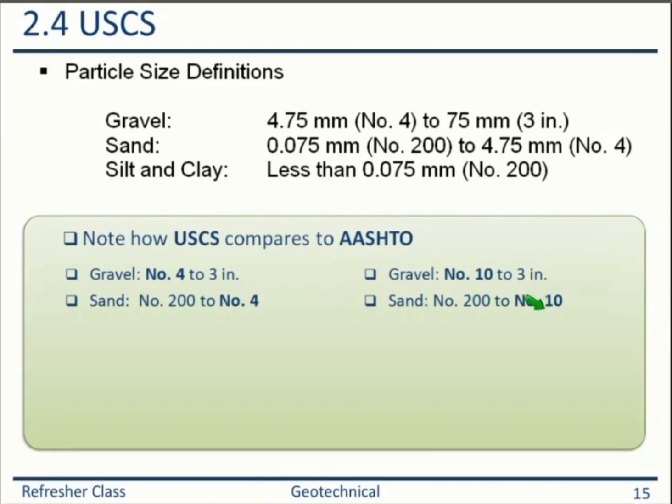Okay, let me ask you one question. When I say number 4 and number 10, which sieve size will give you bigger particles? Which sieve size indicates bigger particles? Number 4, right? As I told you, if the sieve number increases, particle size becomes smaller. So AASHTO is confining to the smaller size compared to the USCS system.